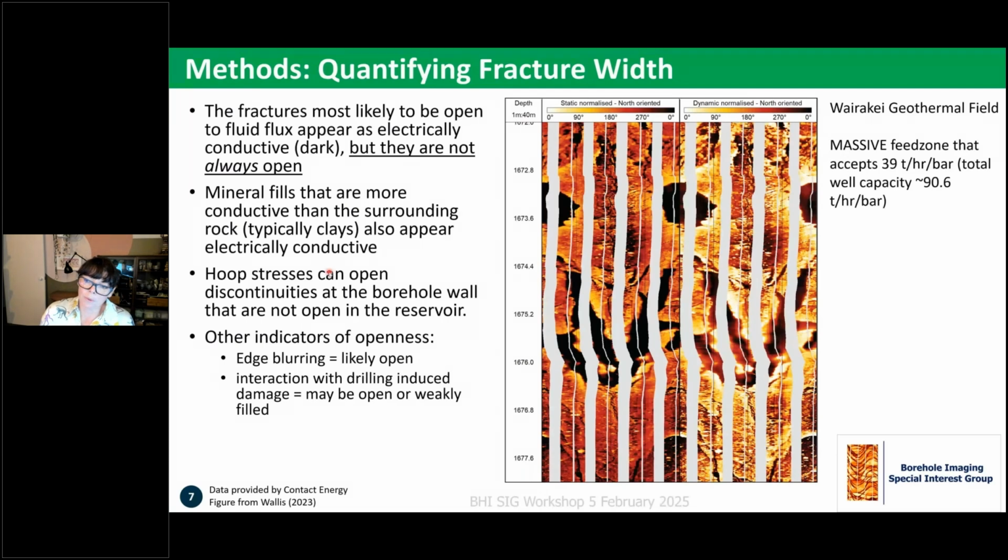But it is also important that when we do get features that we're fairly sure are open at the wellbore wall based on a number of indicators, the hoop stress, and especially in my world where the thermal stresses can be very great, you can actually get something that looks open at the wellbore wall, a parted discontinuity that 1 to 2 borehole radii back, it's not really open at all.